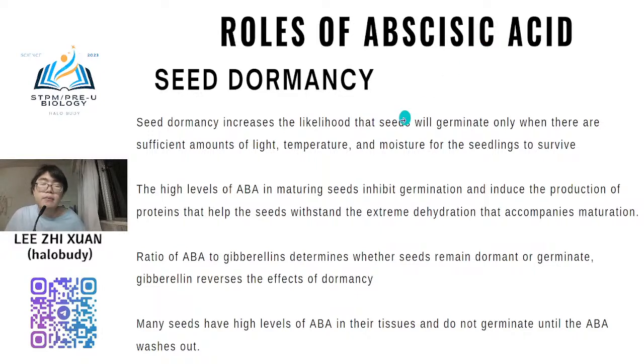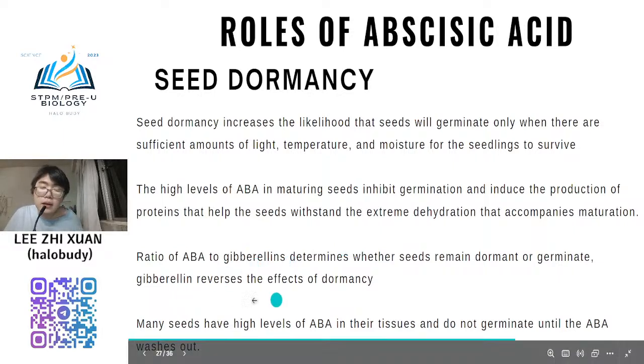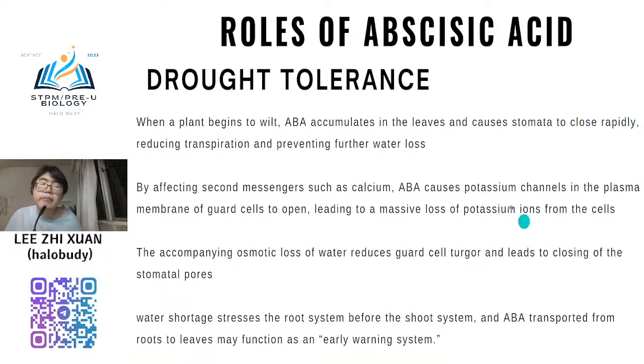Maturing seeds inhibit germination and induce the production of proteins that help the seed withstand the extreme dehydration that accompanies maturation. Many seeds have high levels of abscisic acid, ABA for short, in their tissue and do not germinate until the abscisic acid is washed out.